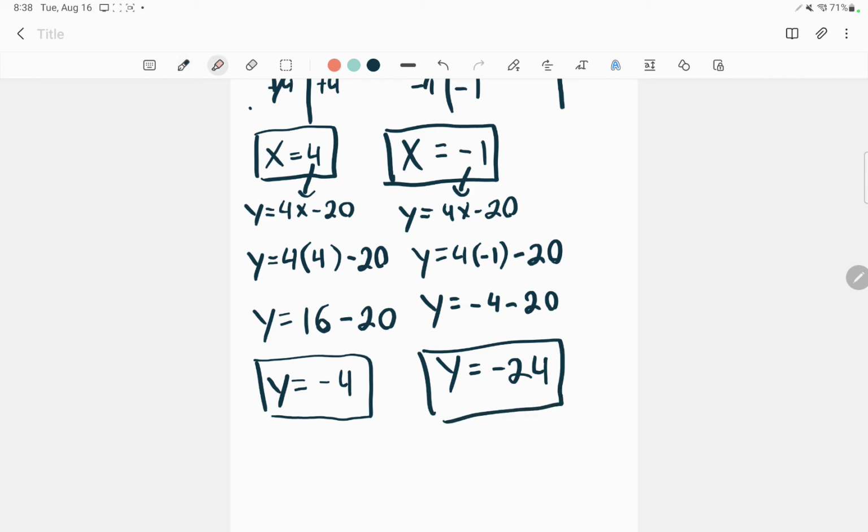Now I'm going to highlight this one this color, and this one this color. Then I'm going to color the other one blue, and this one blue. The reason why I'm doing that is I want you guys to know that those two go together. That's why I'm coloring that way.